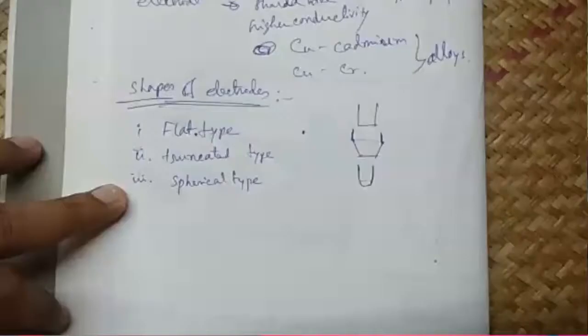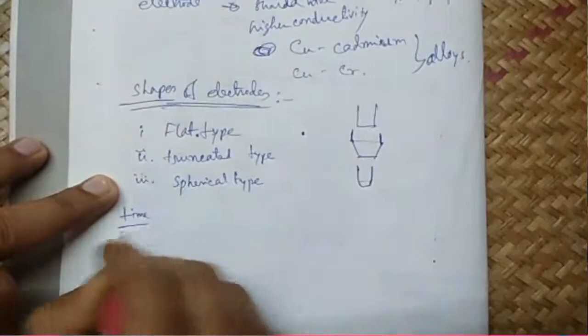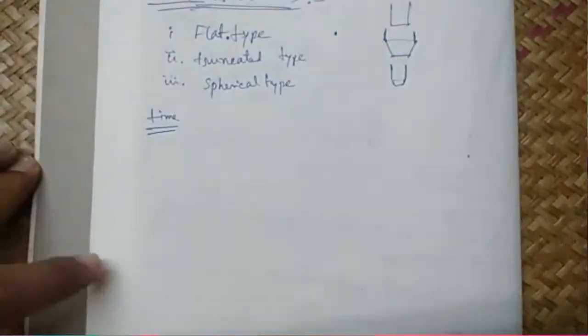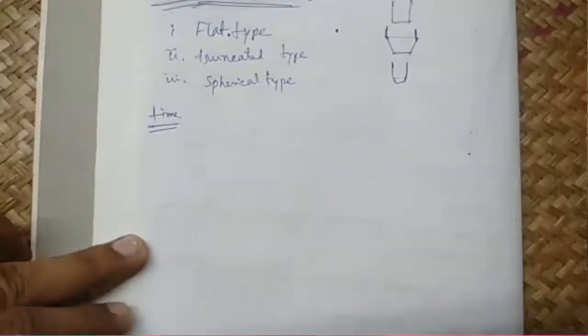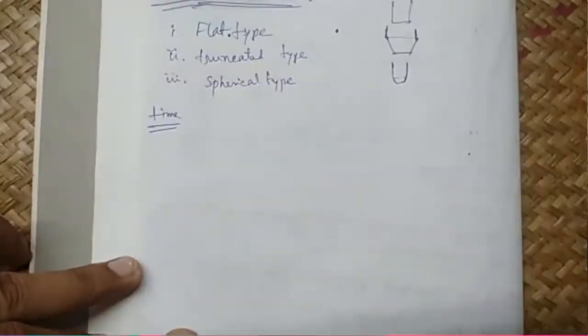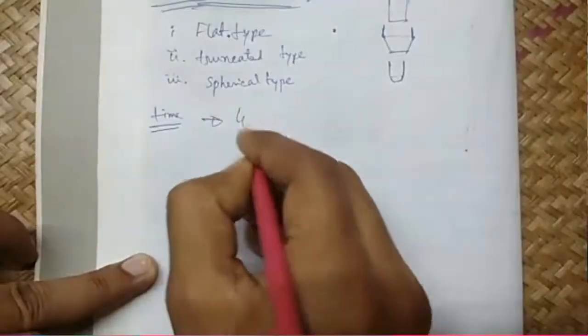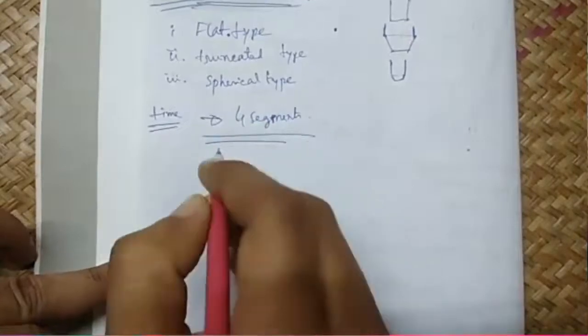Now we need to know about the time period or the duration along the welding. So this time is divided into four segments.